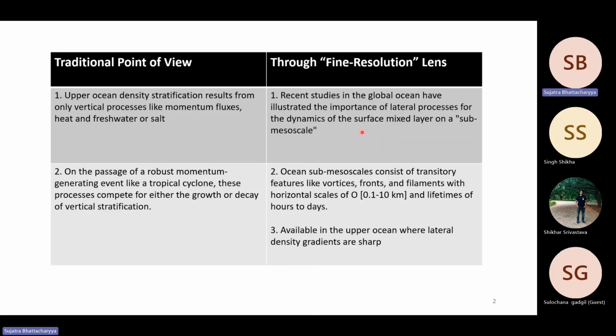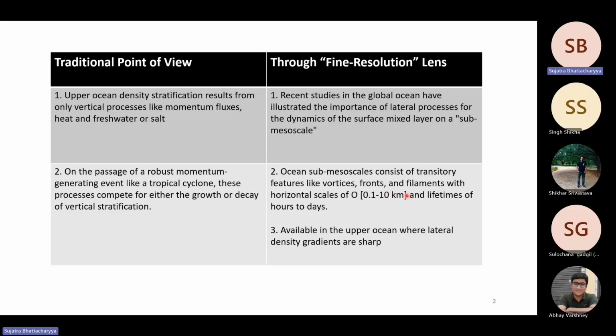Vertical processes are important, but lateral or horizontal processes are also important, especially at the sub-mesoscale, which is 10 meters to 10 kilometers. These consist of very small vortices and fronts, meaning sharp gradients of any quantity, especially salinity and temperature, and filaments, lines a few kilometers long that intrude into the ambient uniform water in temperature, salinity or even density.